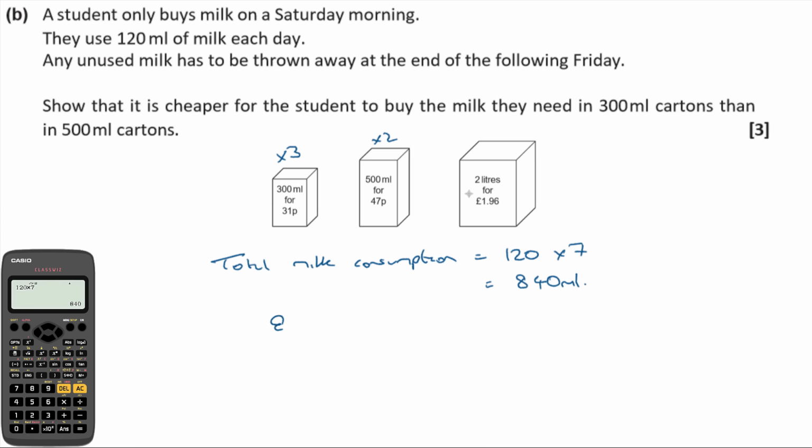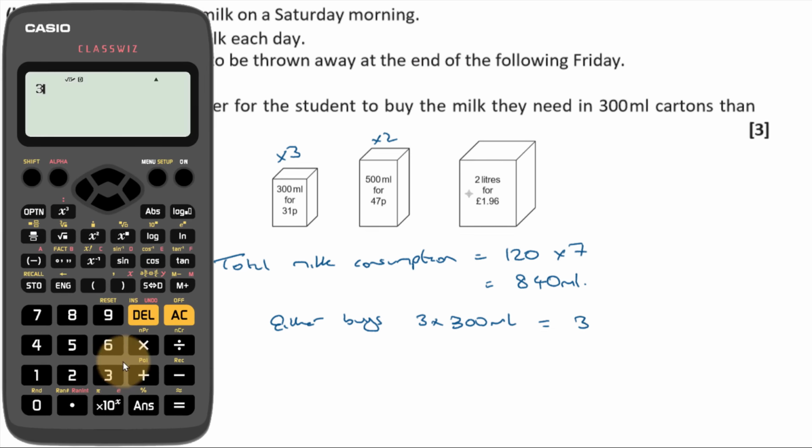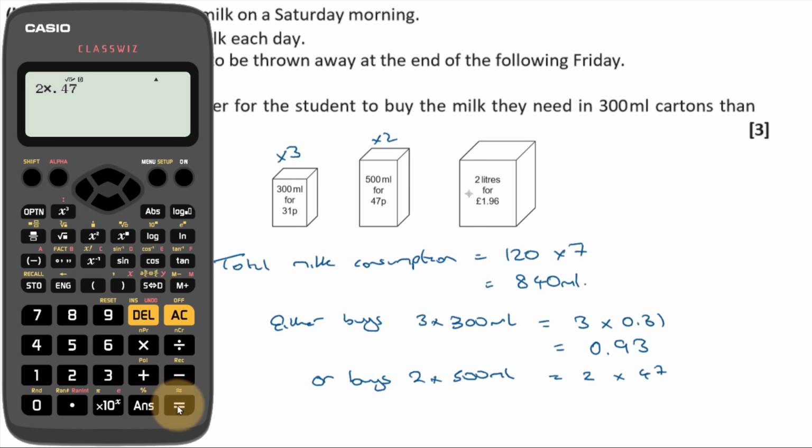So either he buys 3 lots of 300 millilitres, which is 3 times 31 pence. 3 lots of 31, that is 93 pence. Or he buys 2 of the 500 millilitre packs, which is 2 lots of 47 pence.